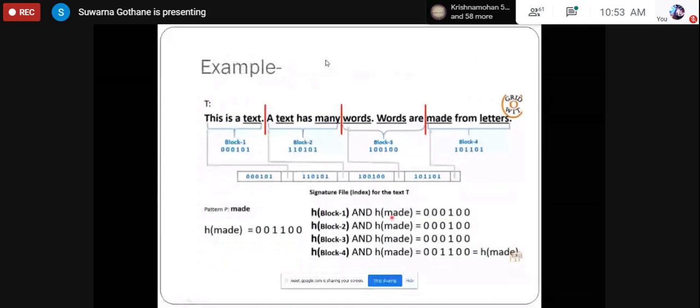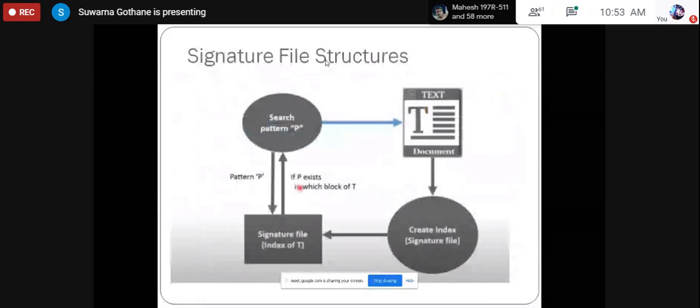Always remember, in signature file we are going to search a particular pattern in the entire document, or your entire text, or a database, whichever you would like to call it. It tries to find a particular pattern. For that, indexing is going to be available. If the particular pattern is available, it will give it to the client.